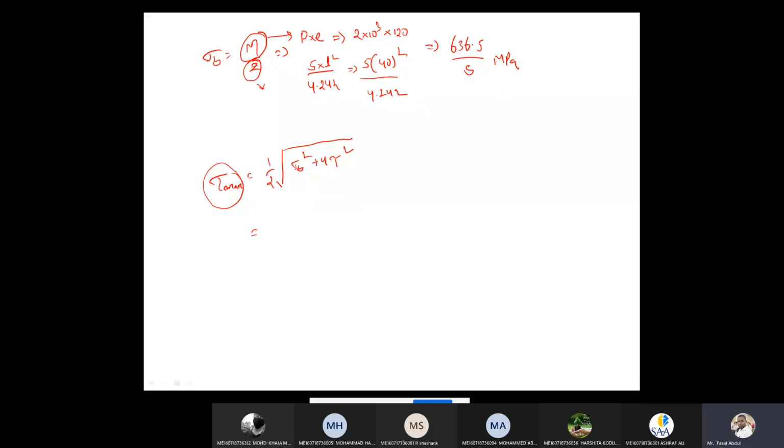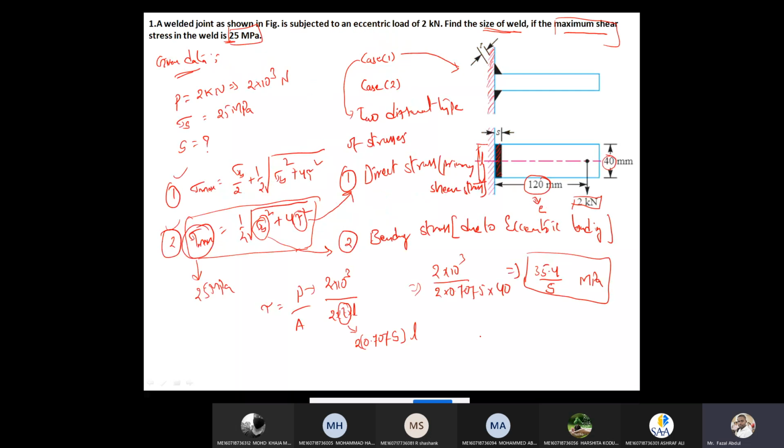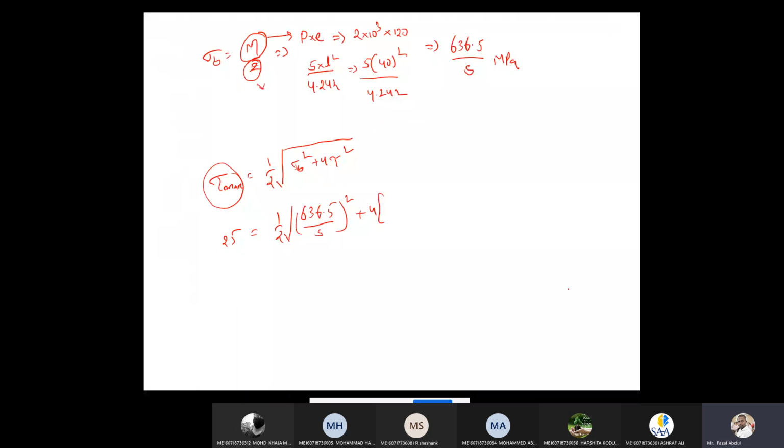The value given in the question is 25 megapascal, equal to 1 by 2 into square root of (636.5 by s) square plus 4 into shear value, which we got as (35.4 by s) square. Now with this equation we calculate the s value. How much is the s value here?